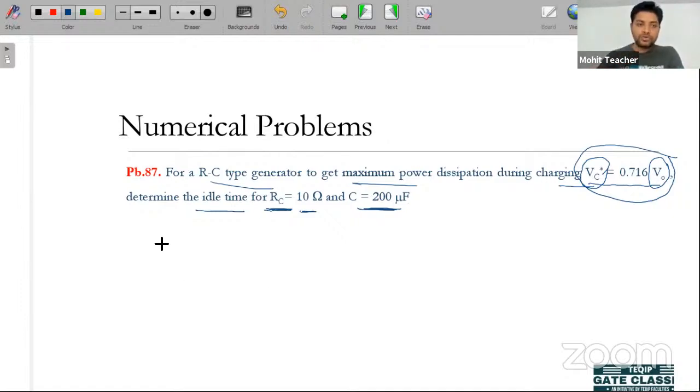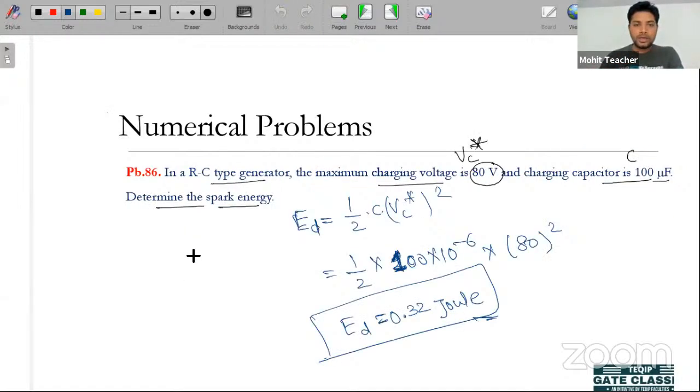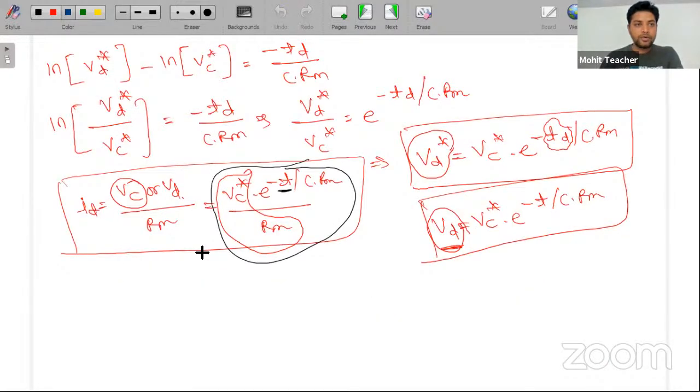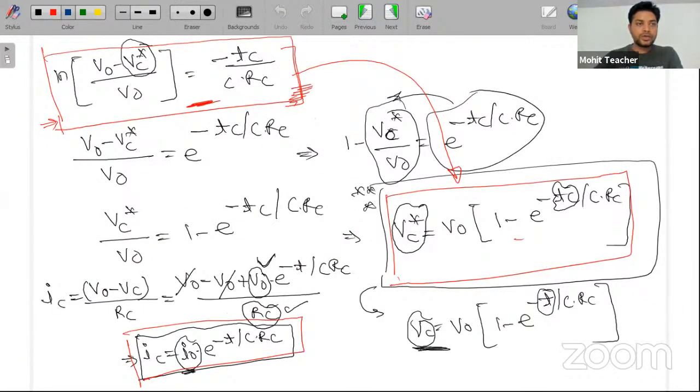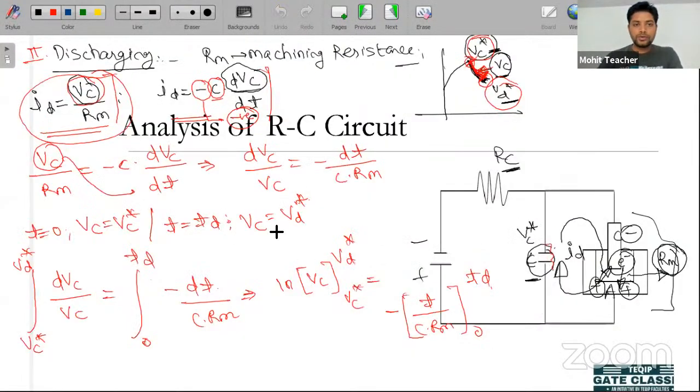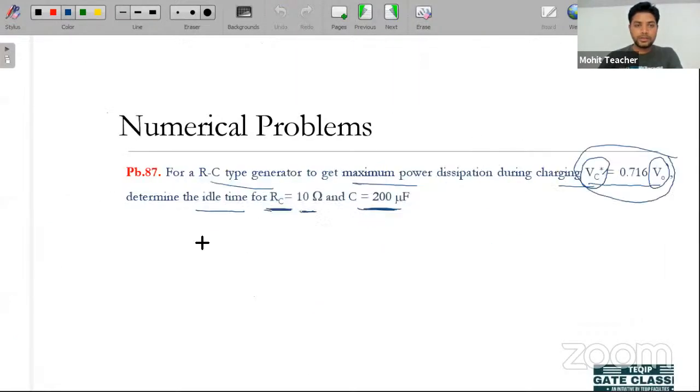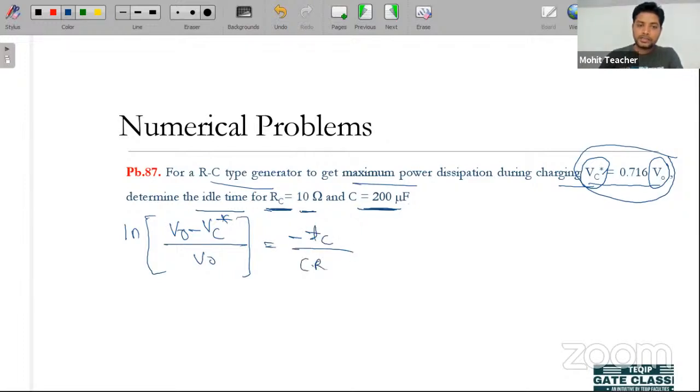So if we have to calculate the charging time, last time I told you to write that formula during the charging. Okay, this formula. V naught we have, so please write this formula. From this, ln of (V naught minus Vc star) upon V naught will be equal to minus Tc upon C into Rc.